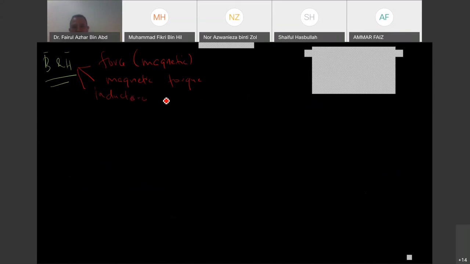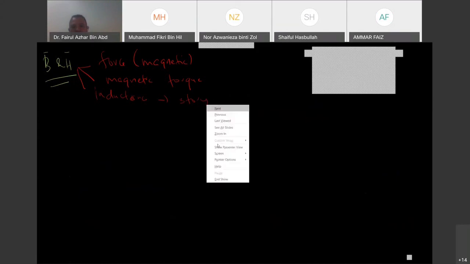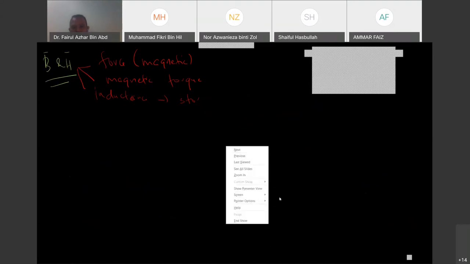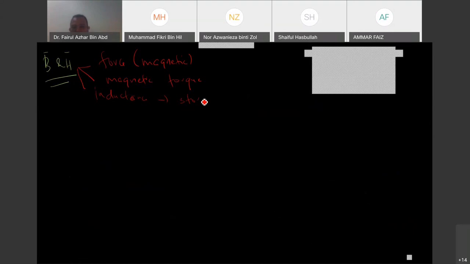Okay, so this is a storing element, a storing energy element from the perspective of the magnetic field.